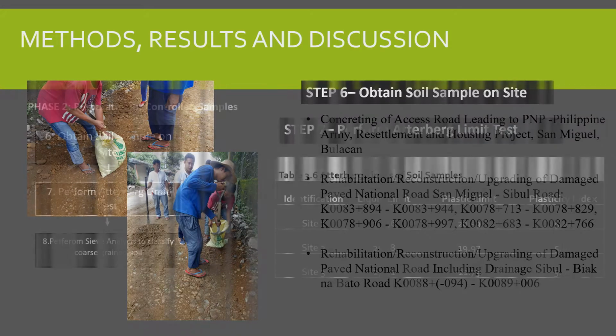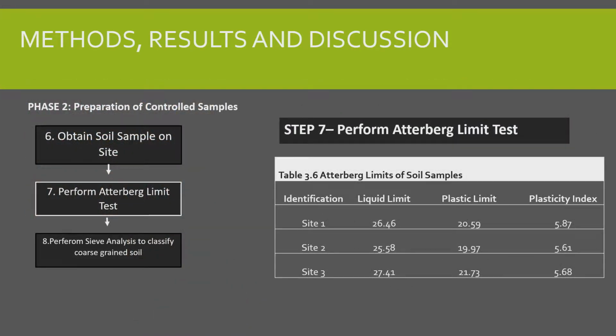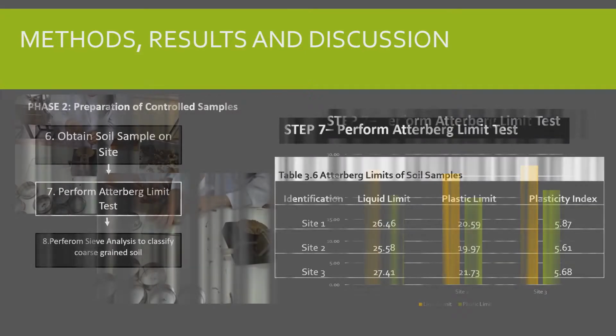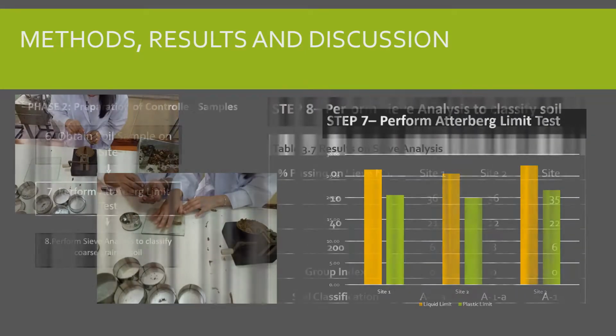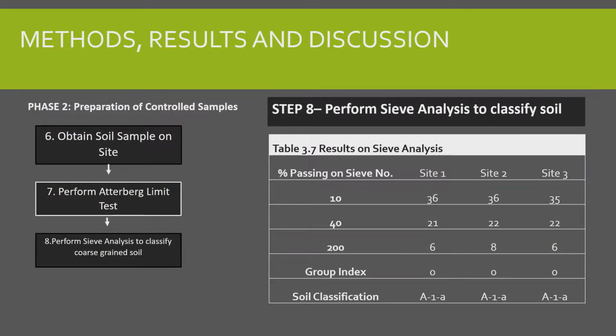For step 6, perform the Atterberg limit test. So the Atterberg limit test aims to determine the Atterberg limits, which generally include the liquid limit, plastic limit, and the plasticity index. So the 8th stage of Phase 2 is the performance of sieve analysis to classify the soil.